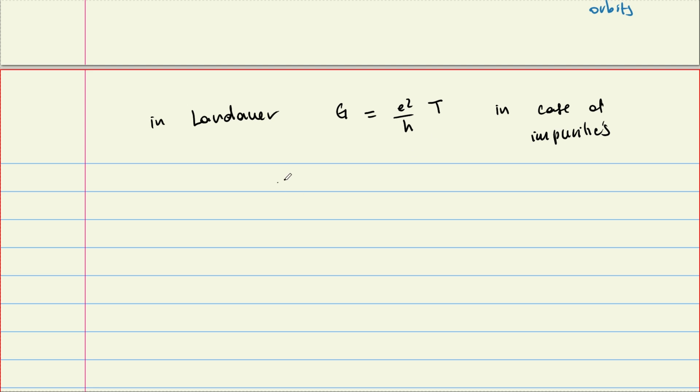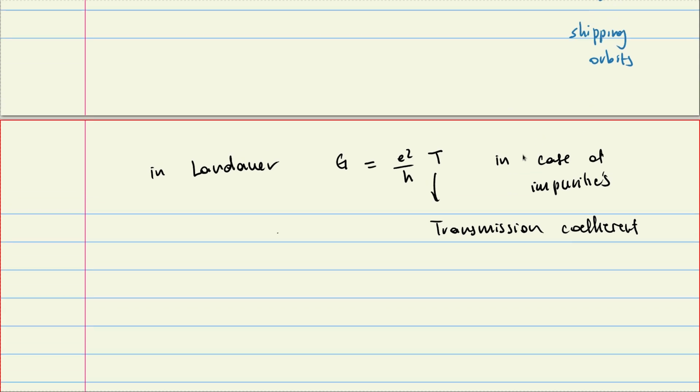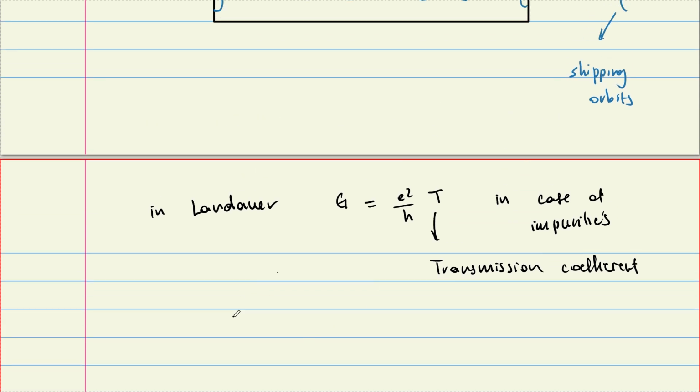Here T is the transmission coefficient. So are we supposed to do exactly the same thing here? So the answer is no. Here, in integer quantum Hall, T is equal to exactly 1.